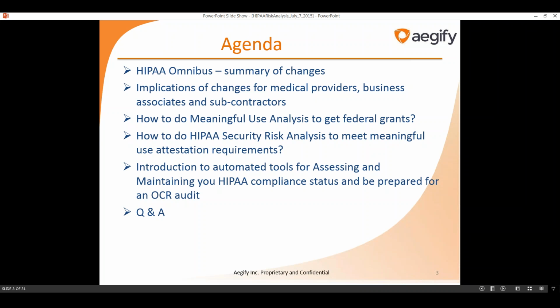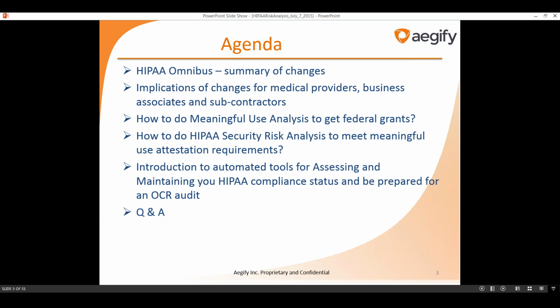So we will talk about HIPAA Omnibus, the summary of changes that have happened so far, and what it means for medical providers, business associates, and subcontractors. Anybody who deals with PHI information will be discussed. Then we'll talk about meaningful use analysis and the grants, what the requirements are.